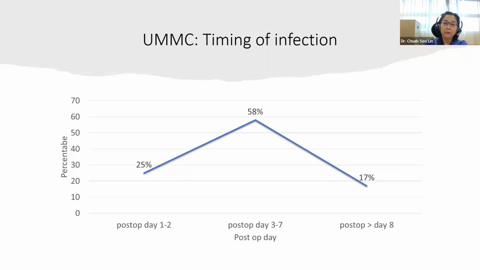So the timing of infections in our center is also different from Western countries and also from Japan. Ours is in the first week, earlier, between day 3 to day 7. So 60% of the patients have infection in this period of time.